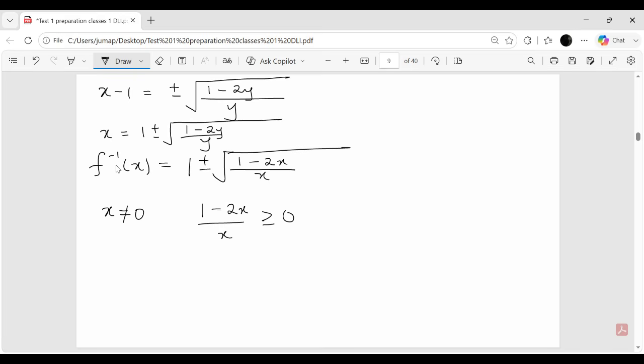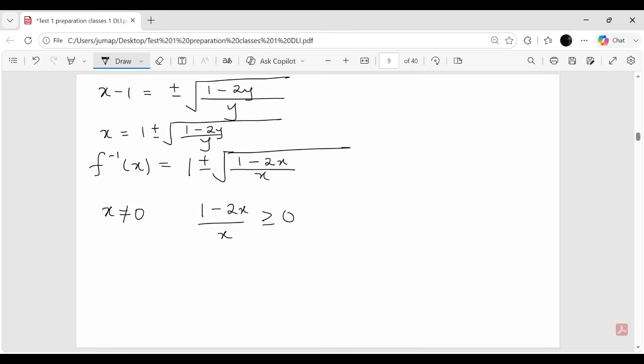Then now I'm returning back the inverse. So where there was y, I'll replace back with x. So f inverse of x is equal to 1 plus or minus the square root of (1 minus 2x) over x. Are we together now?